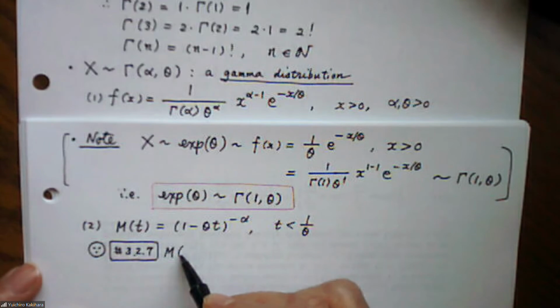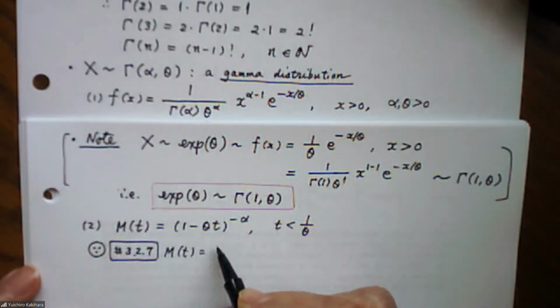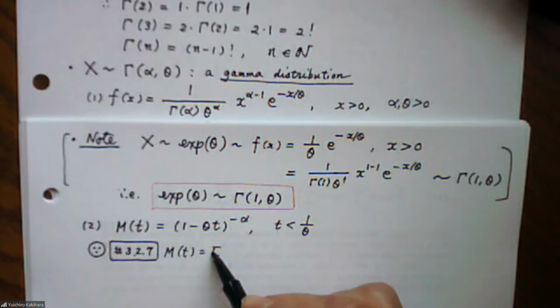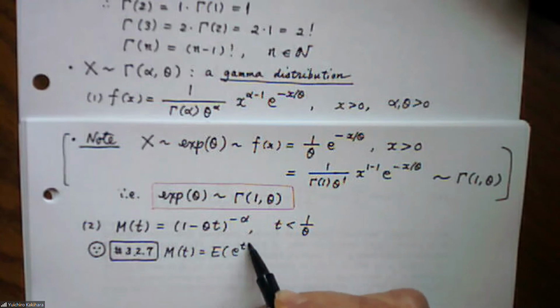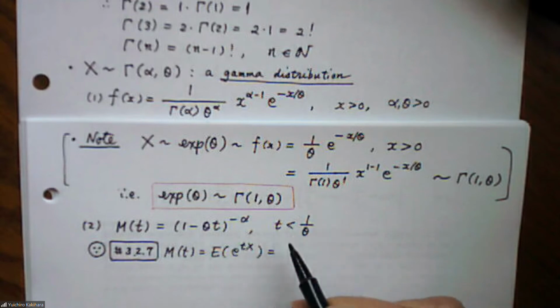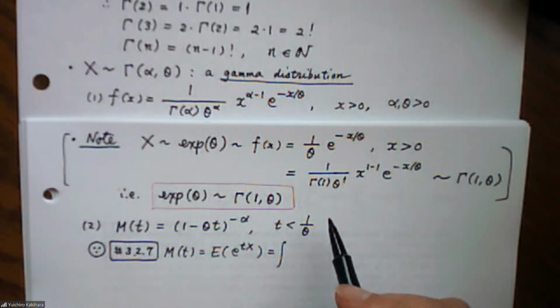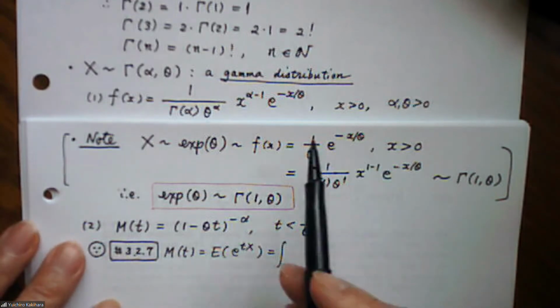By definition, this is equal to the expectation of e to the tX, right? And this is equal to an integral, where the density function is given by this.